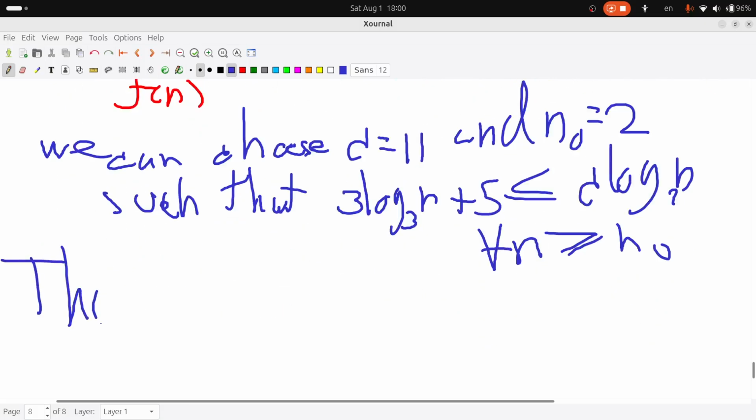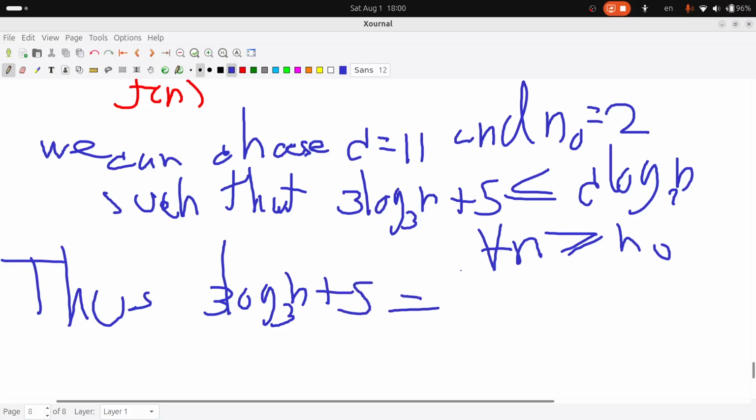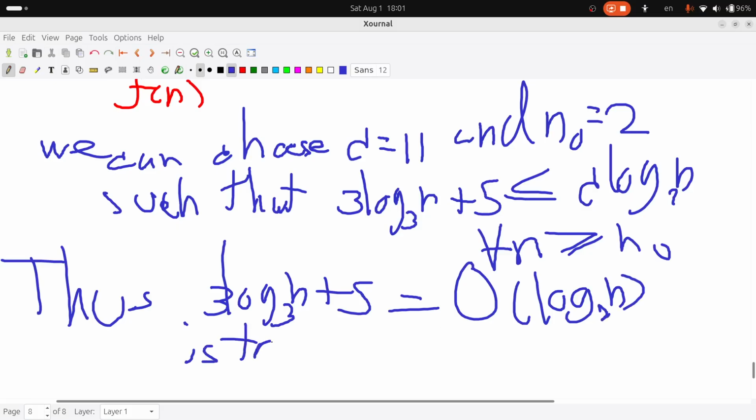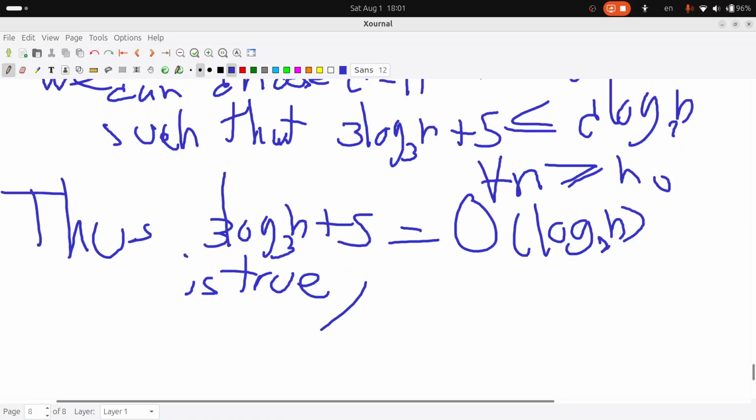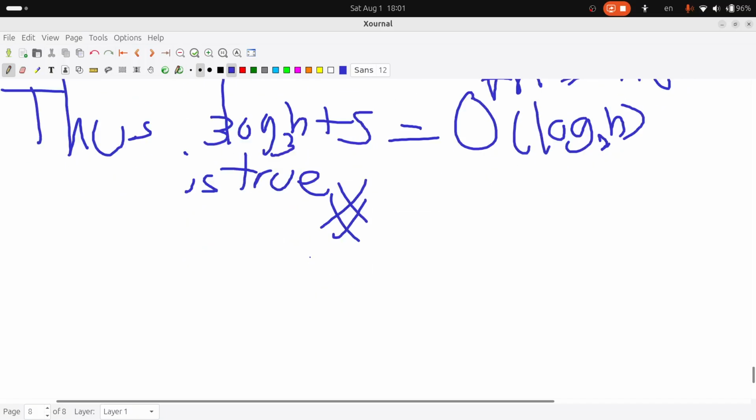Thus, or therefore, 3 log n base 3 plus 5 is equal to big O of log n base 2. That is the easiest thing we can do.